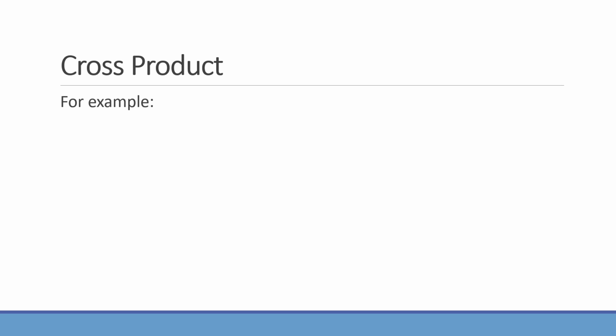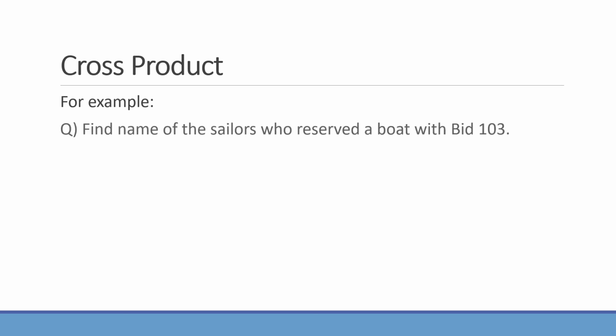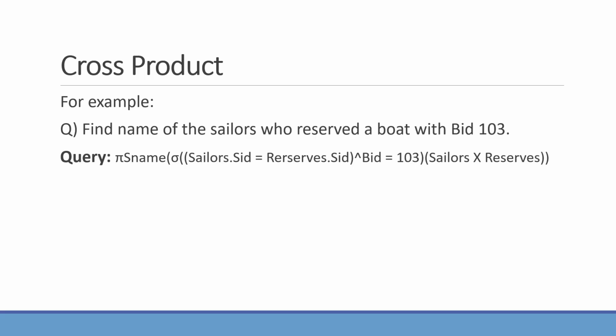Cross product. For example, find the names of the sailors who reserved a boat with BID 103. So the query: pi S name, since you want the names of the sailors, with the condition inside the bracket for sailors who reserved a boat with boat ID 103.